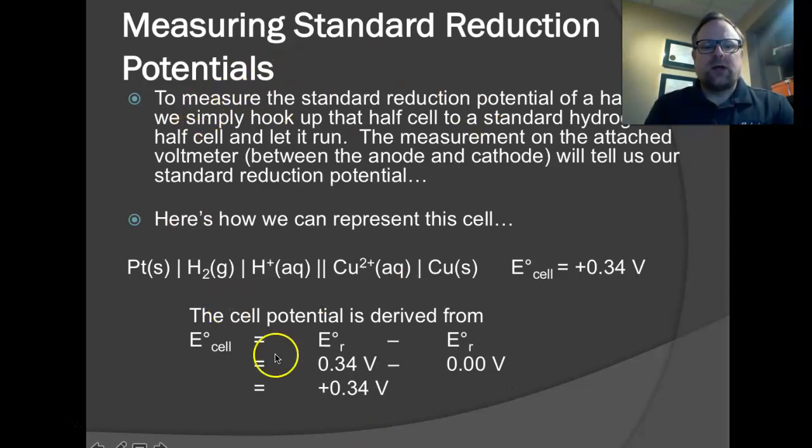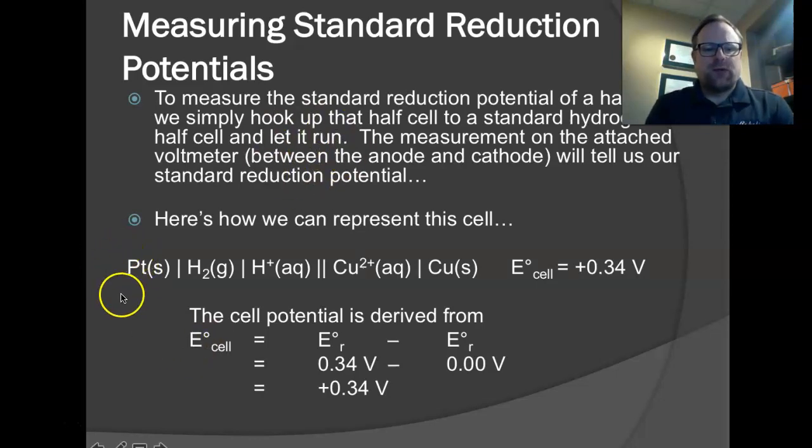This is just giving you an example of what we might do with one half reaction, comparing it to the standard or the reference half cell. So to measure the standard reduction potential of a half cell, we simply hook up that half cell to a standard hydrogen half cell and let it run. The measurement on the attached voltmeter between the anode and the cathode will tell us the standard reduction potential.